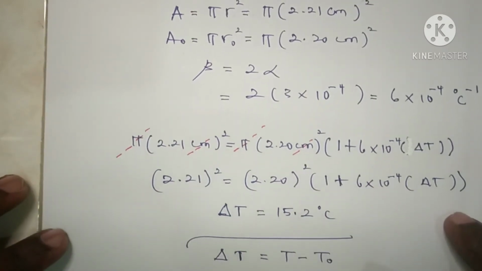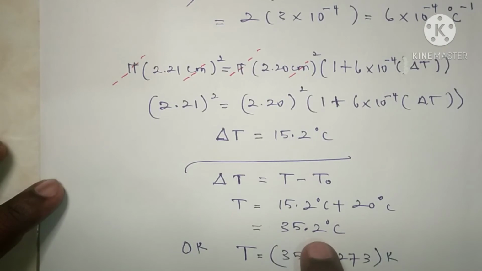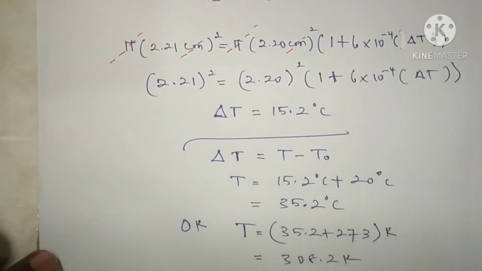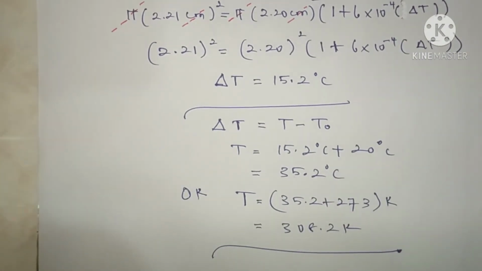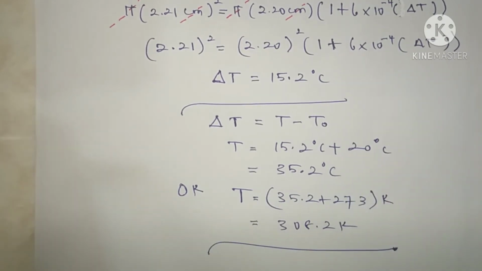So you will get the temperature is 35.2 degrees Celsius, and in Kelvin is 308.2 Kelvin. You can put it in degrees Celsius or in Kelvin. Again, it is simple like a bubble without giving you any trouble.